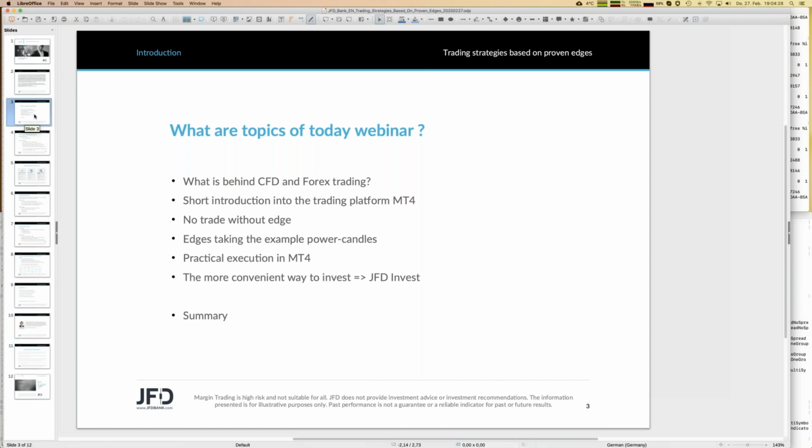Open a trade just by gut feeling, nothing else. But you will see and learn how to open and close trades in the trading platform MT4, which is used with JFD. There are other platforms as well, but MT4 is the one most people use, at least I think so.